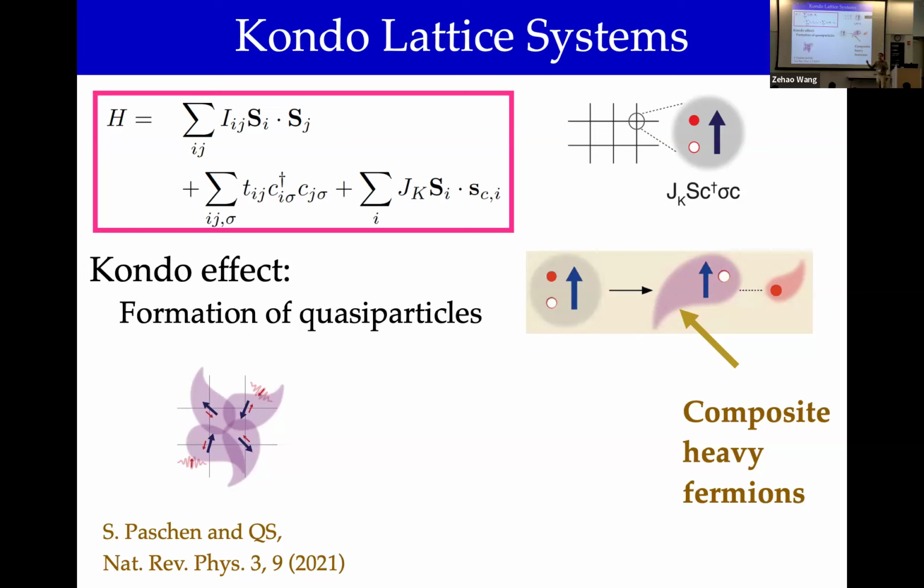And using concepts like how we create a roton out of some pictures in Feynman's head about helium-4, for example, you can consider the excitations starting from this ground state by breaking apart such a bound state. You can kick a bare electron out, so that's a bare electron state in the excitation spectrum, or you can consider this combination, which turns out to form a spin-1/2 and charge-e object, and that's an excitation enabled by the formation of the Kondo singlet in the ground state, and this is the composite heavy fermion.